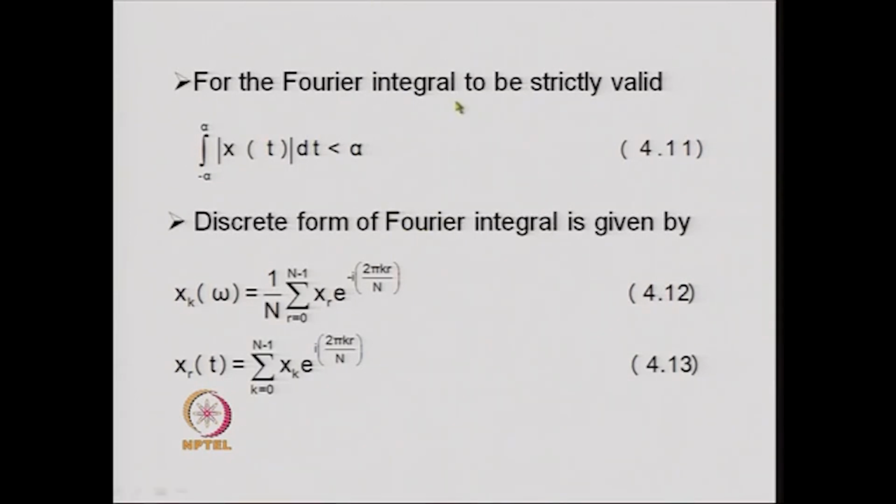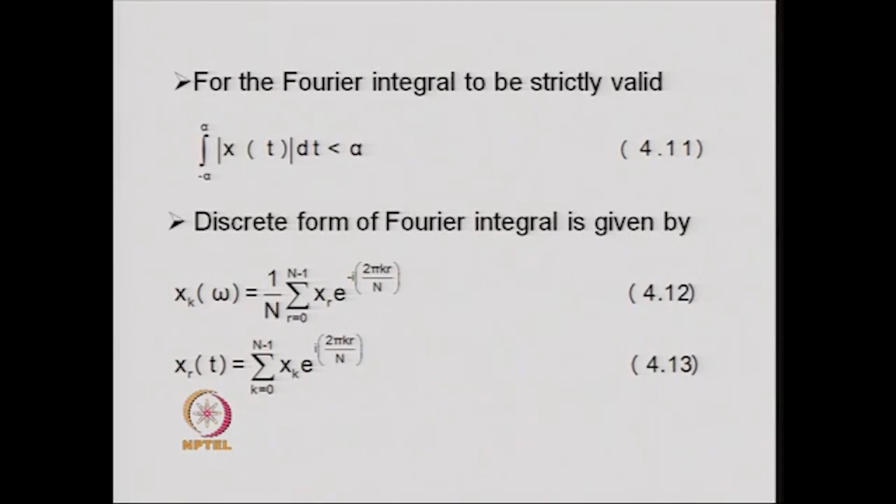Only one important thing that I wish to mention here is that the Fourier integral that we have shown before is valid only under this condition, that is, the absolute value of x(t) integrated over the entire duration must be less than infinity. That means that quantity must be finite, and in reality this condition is met because our time history records are not infinite, they are all finite time history records.